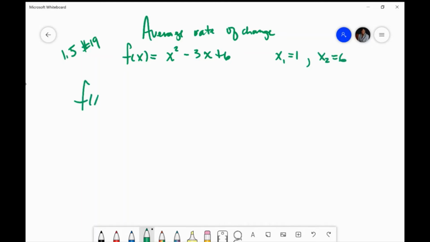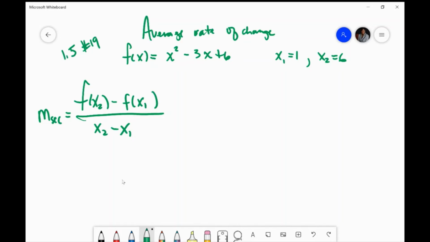So if you just follow this pattern, you'll be okay. So I think someone said f of x2 minus f of x1 over x2 minus x1. The reason why I could write it down so quickly is because it's the same formula as the slope formula. Someone tell me, what is it similar to? Slope formula. Very good. It's basically the slope formula.